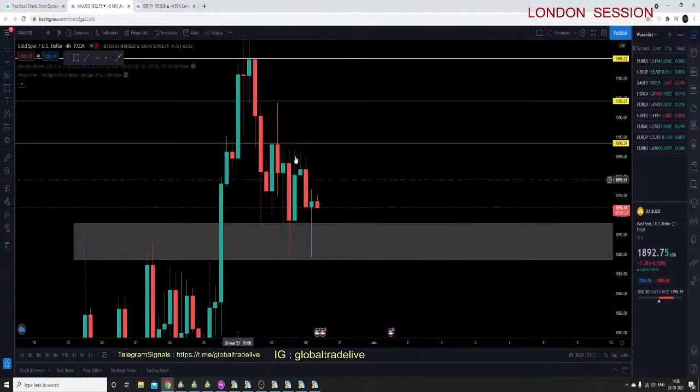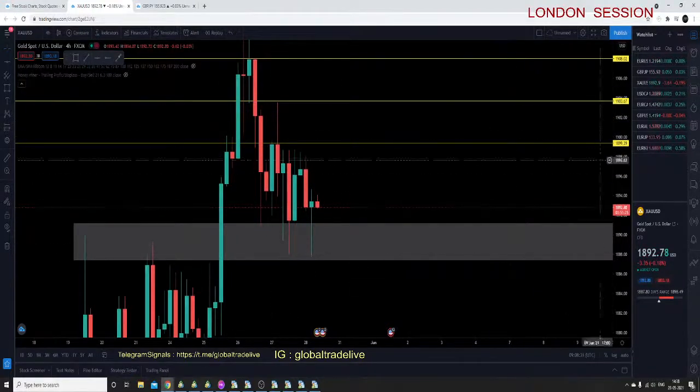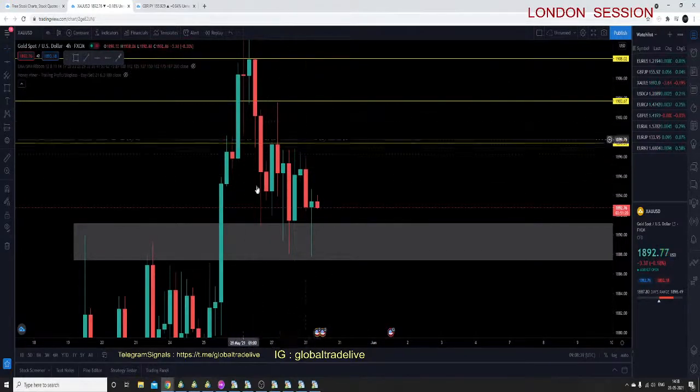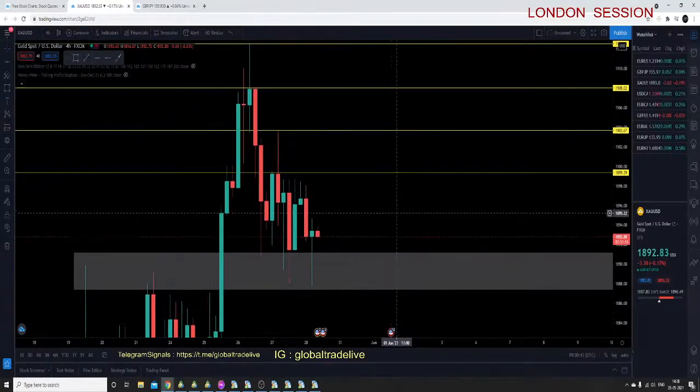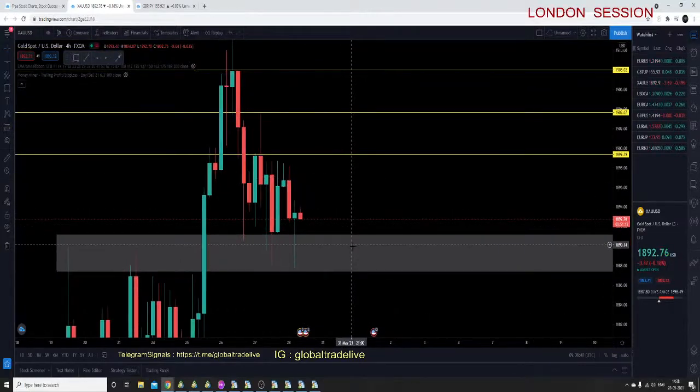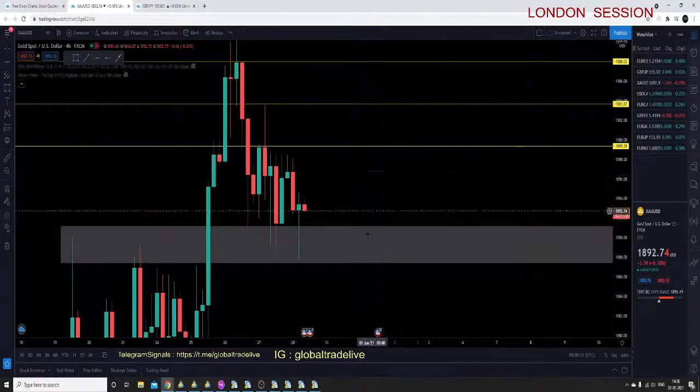You can follow this or you can follow that. I will be taking trades according to this chart here only, TradingView. You just need to have one single chart with you to execute trades.